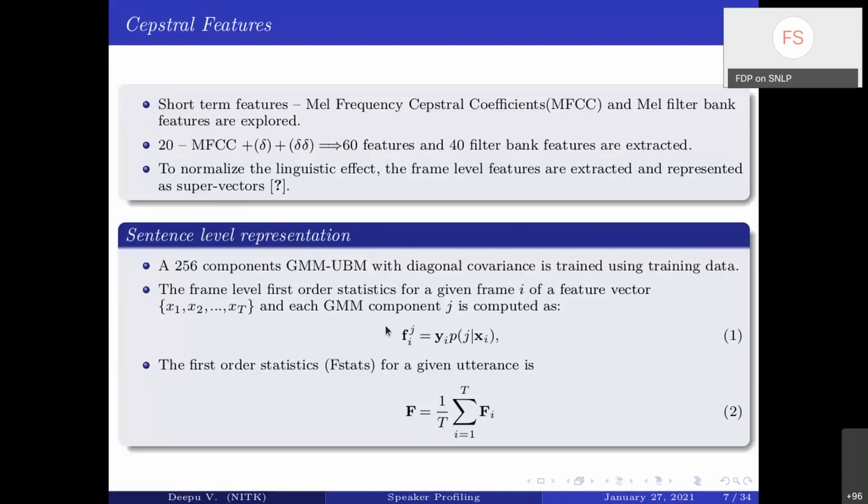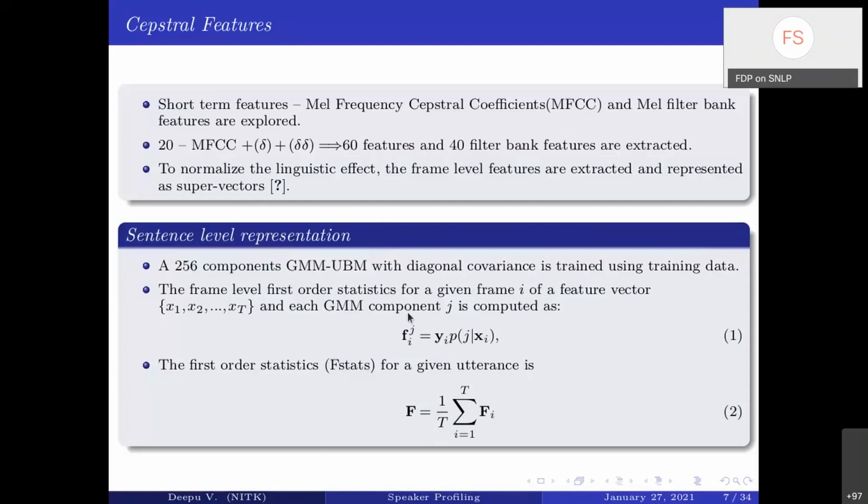So that is our feature. If you want to go through the equation, it's a Gaussian mixture model. For each component you can find a probability, and you multiply that probability with the MFCC feature vector, and you take an average across the entire sentence. That is what the input feature is.